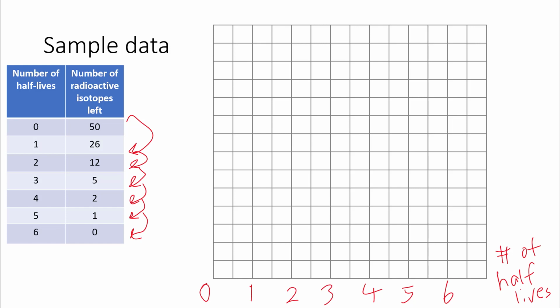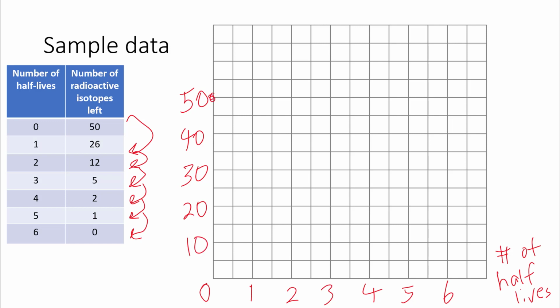And then we're going to label the number of radioactive isotopes remaining on the y-axis. I'm going to put 50 up here, and it's going to be every 10 for every 2 marks. You always have to space it out evenly. And now we graph the data.